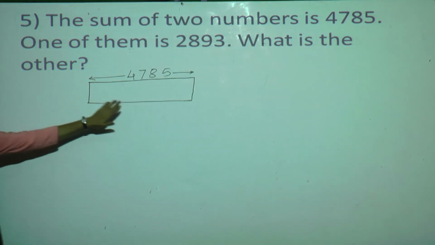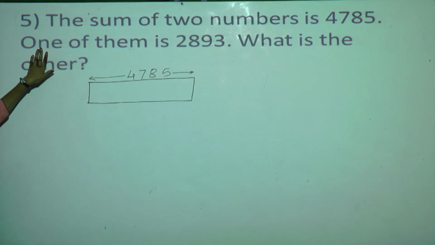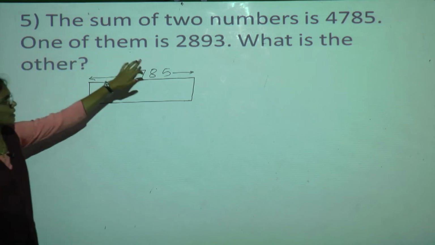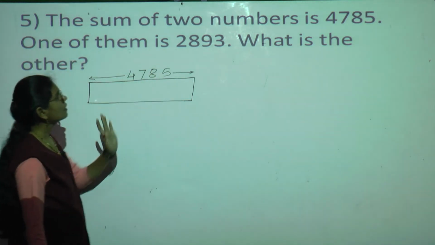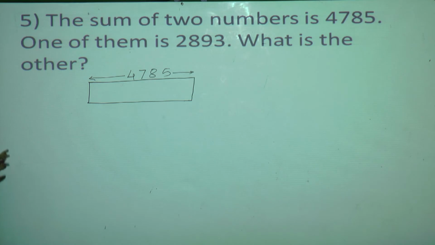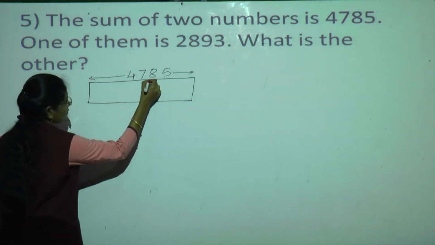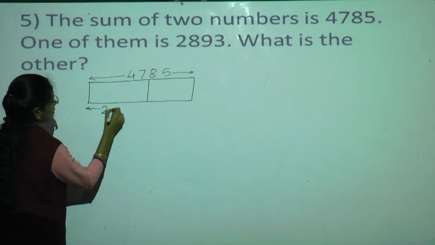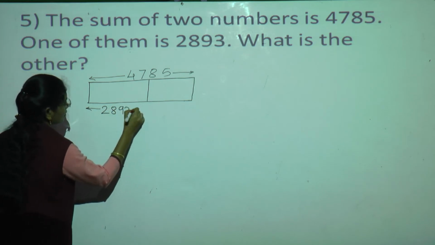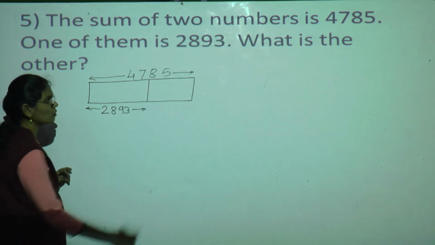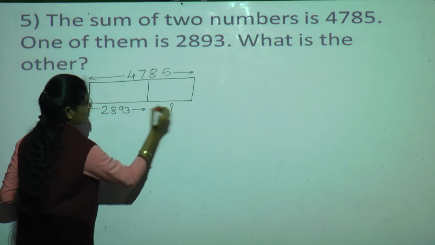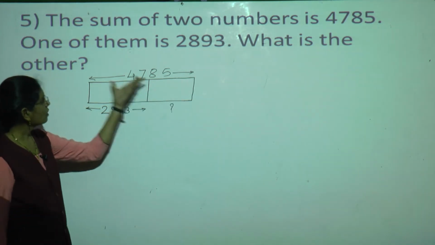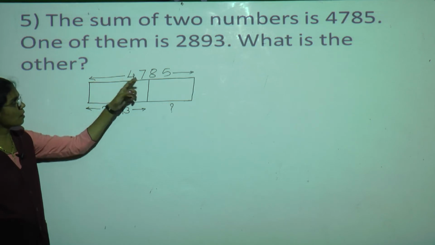Okay, this is the sum of two numbers, and the next part is one of them is 2893. One of them is means this much part, it is 2893, and what we have to do? We have to calculate this part.